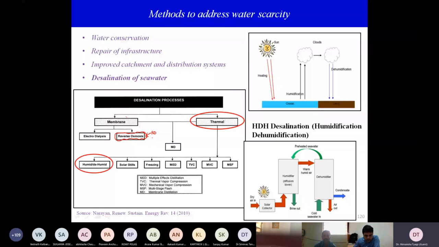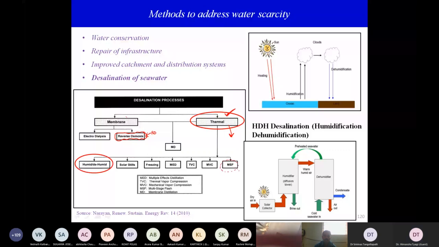When we want to use it at large scale, maybe thermal is the process we will look at. And if you look at Saudi Arabia, UAE, most of them have installed the thermal process. Within thermal processes, the most common one, which has been used for the last 20, 30 years, is MSF, multi-stage flash, shown over here.